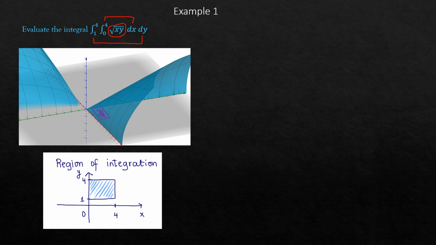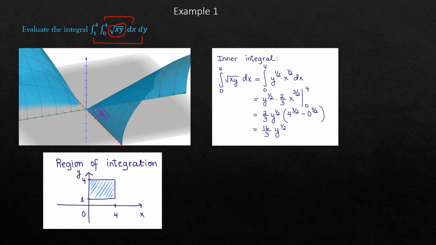I'm going to compute the inner and outer integrals separately. Okay, so here's my inner integral. All right, so I'm integrating from 0 to 4. This is square root of xy dx. Okay, so I just took the middle portion, the inner portion of my integral, and that's what I'm going to do. Now, how do we do this?